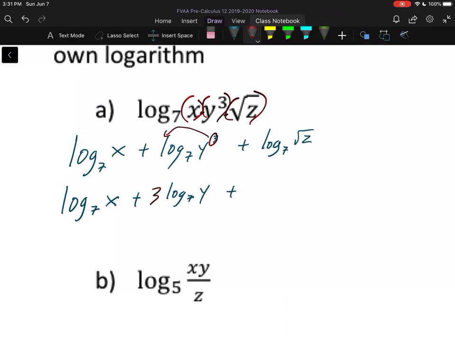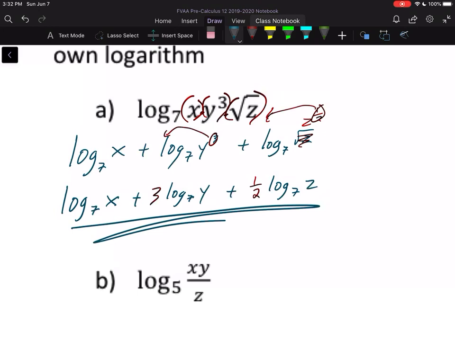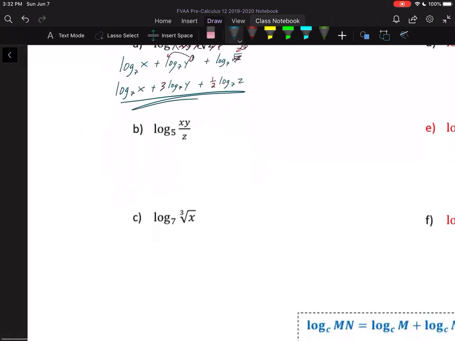Now I can change square root z to z to the 1/2, and then bring that forward. That's what I'm going to end up doing here. And so it's 1/2 log base 7 z. And that would be your final answer. I've fulfilled everything in the question there.